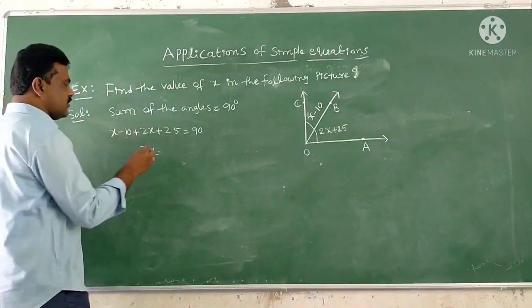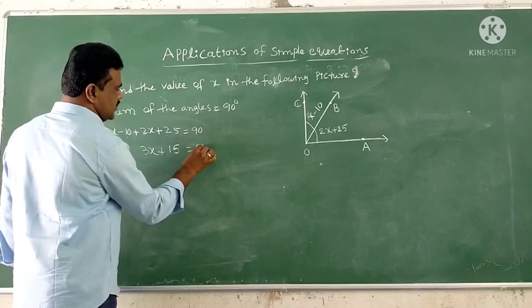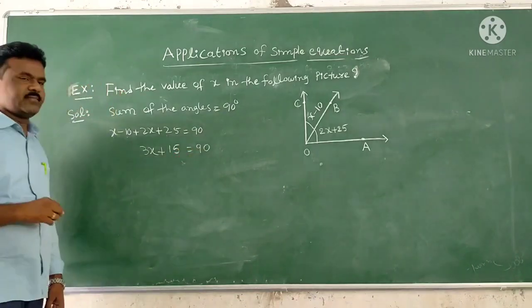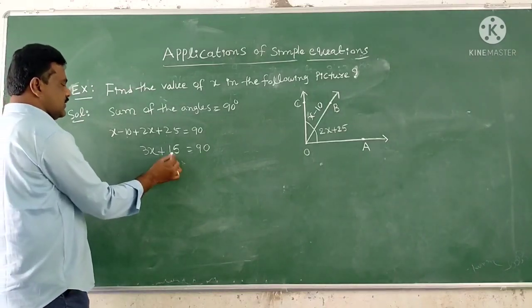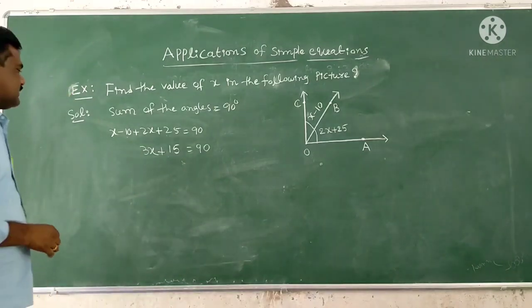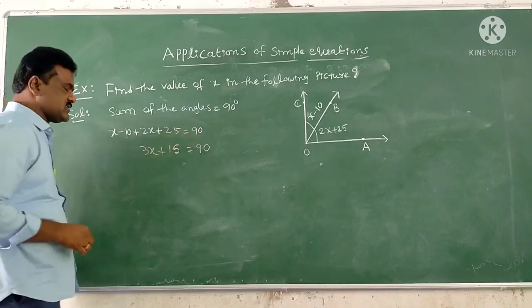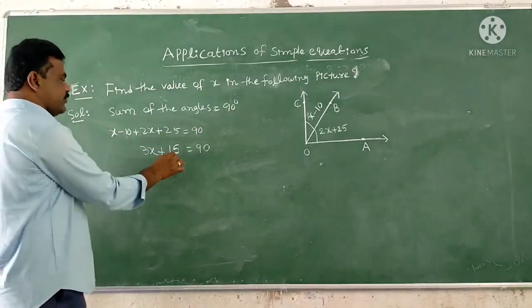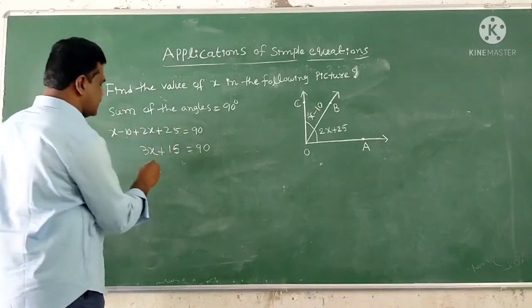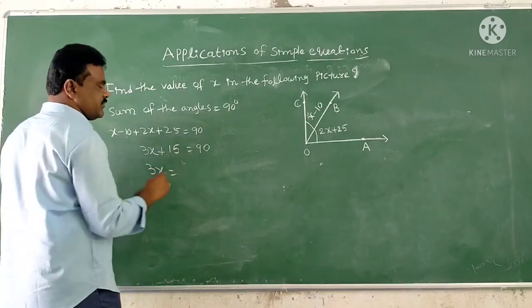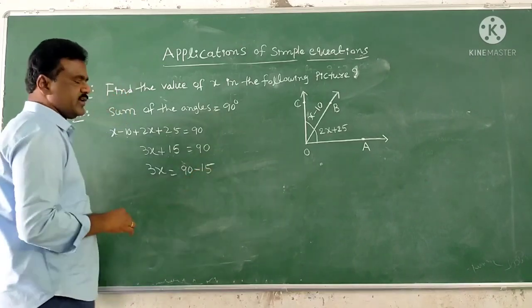And minus 10 plus 25 is plus 15, equal to 90 degrees. Now transposing 15 from LHS to RHS, it becomes minus 15. So 3x is equal to 90 minus 15.